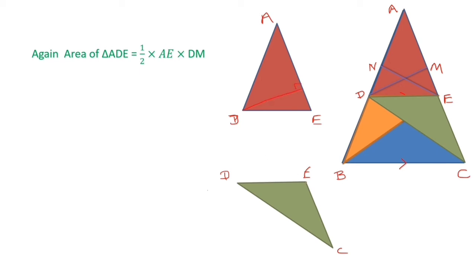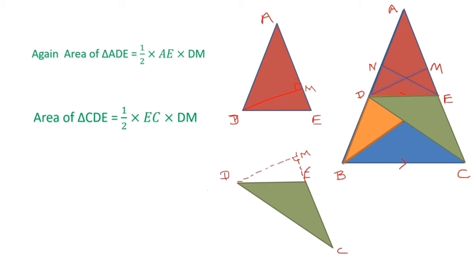Now CE is part of AC, so DM is again the height for triangle CDE also. Height of triangle CDE is DM. Now area of triangle CDE is equal to half into base into height, half into EC into DM.